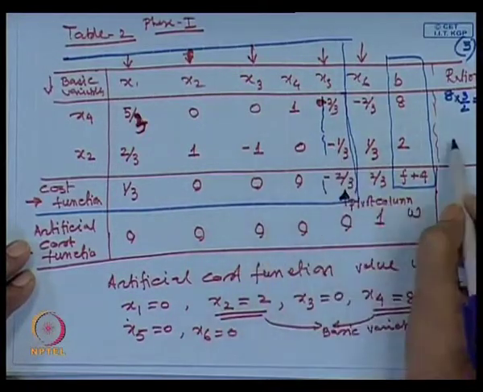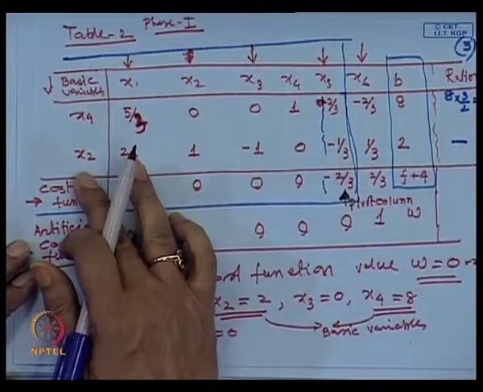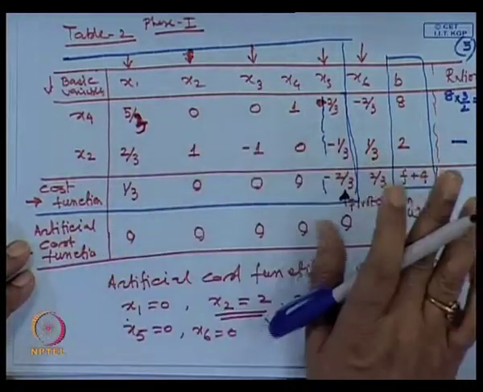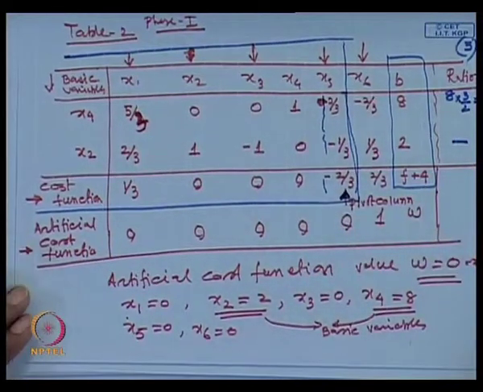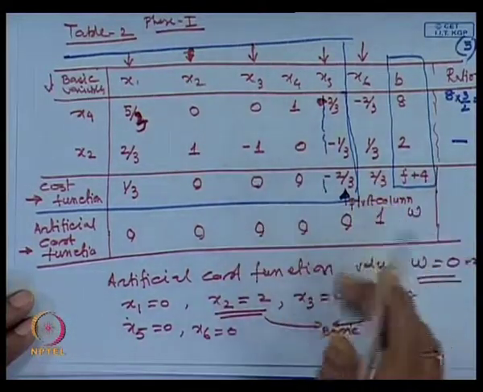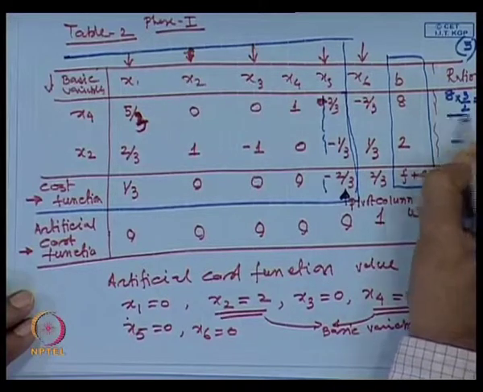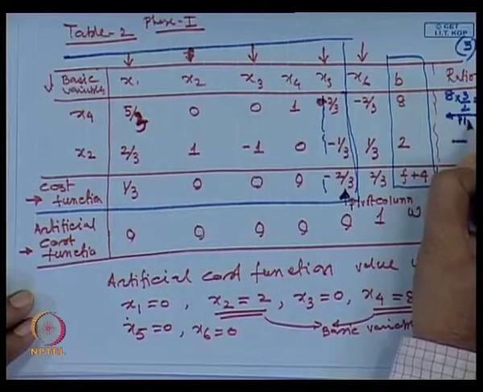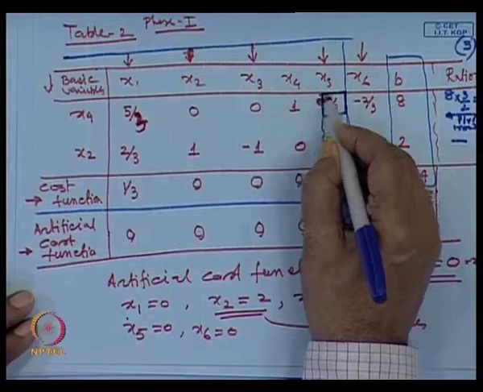Now this is minus, ignore it. If you consider this as our pivot row, then it will not reduce our cost function. This will go beyond our feasible region. So this is the pivot row, and our pivot element is that one.